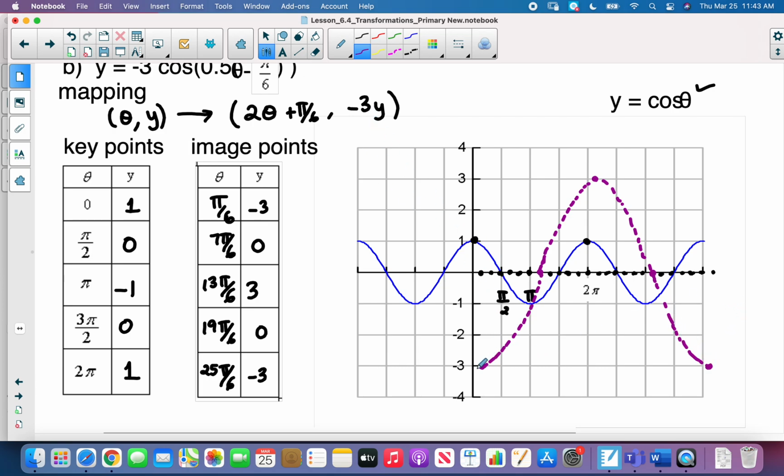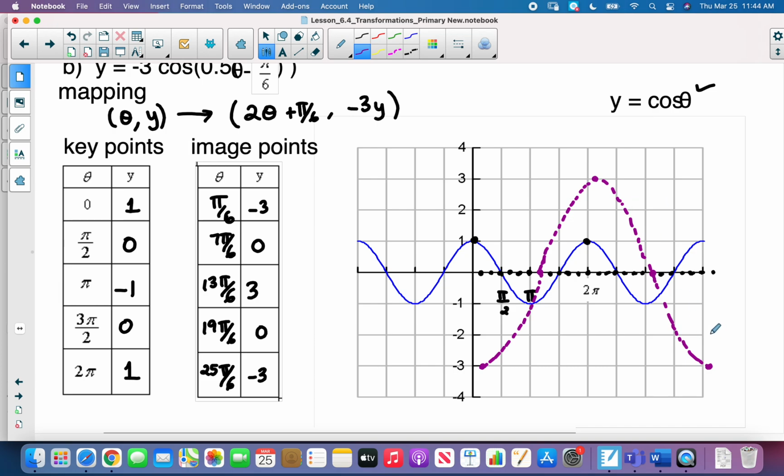You can see it's shifted pi over 6 units to the right from the parent function, and there is a stretch, which is why it now has a bigger amplitude. Also there is a -3, which means there's a reflection in the x-axis. So it starts off at a minimum, not at a maximum like it did in the parent function.